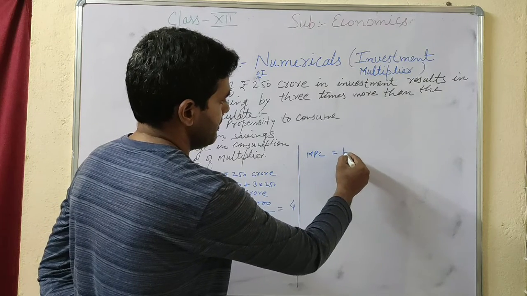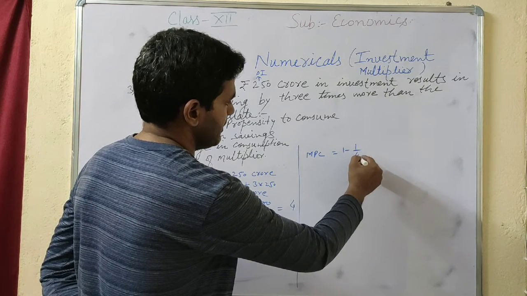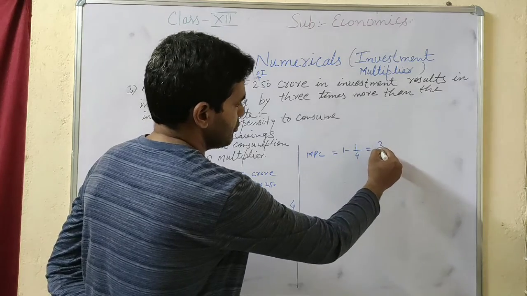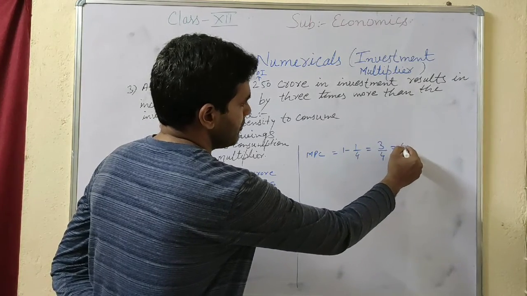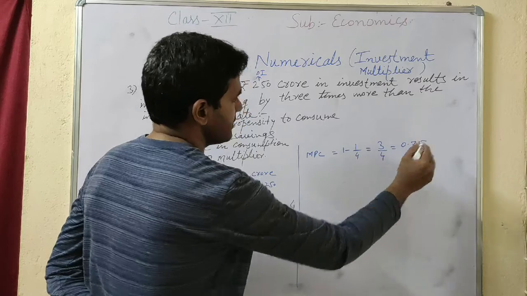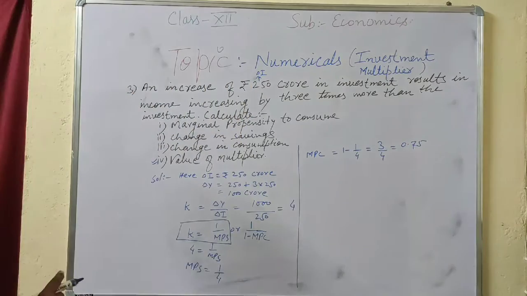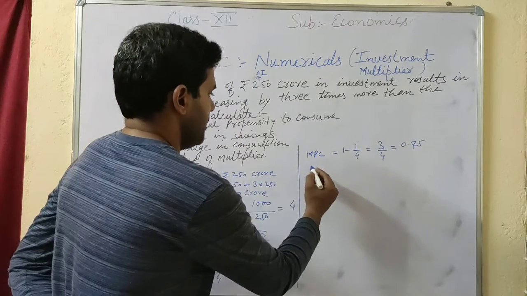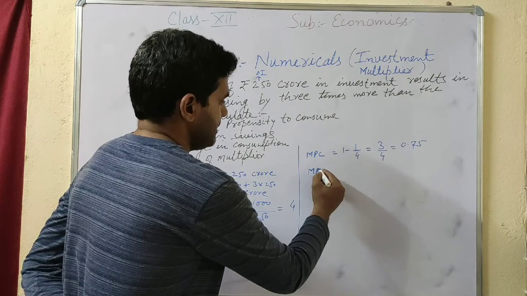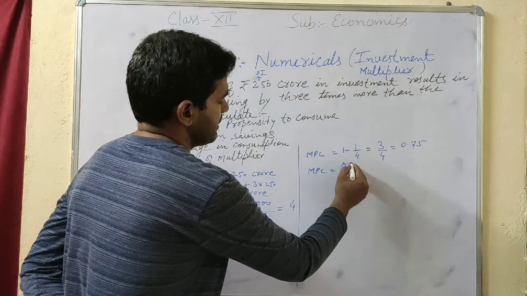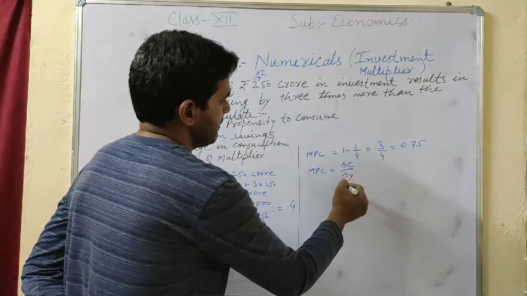MPC will be 1 minus 1 by 4, which is equal to 3 by 4, which can further be written as 0.75.